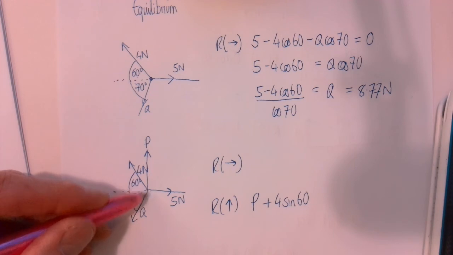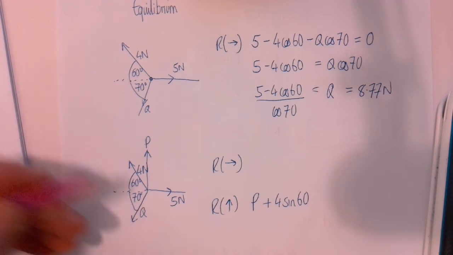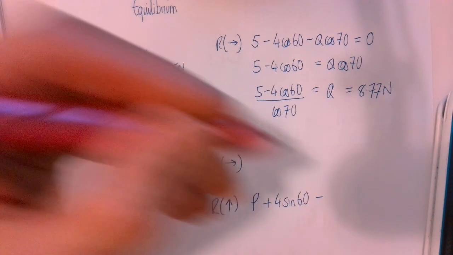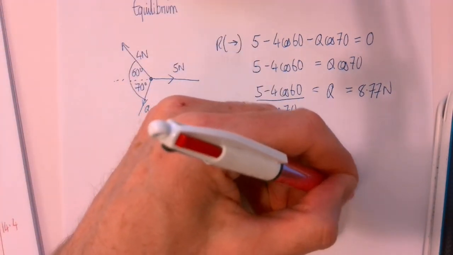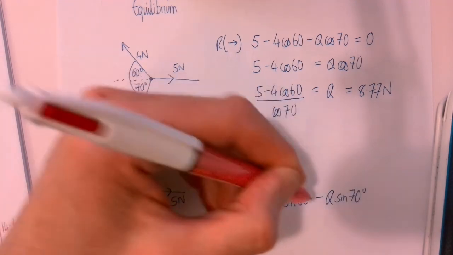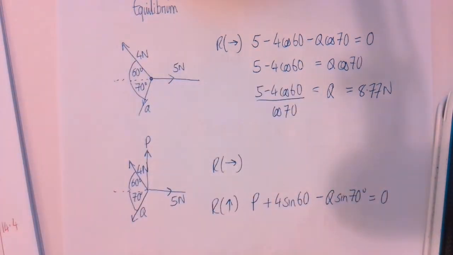And then coming down, I've got Q, and again I don't know the angle there. Well, I do, it's 20, so it's Q sine 70 or Q cos 20. So it's minus Q sine 70. And it's in equilibrium, so they will equal 0.